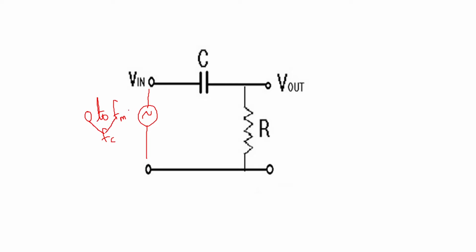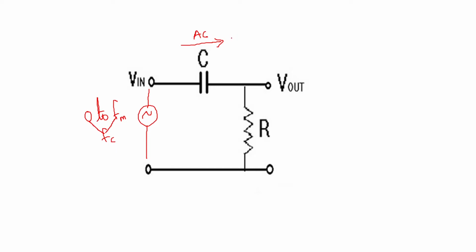That is the case. Now that happens because you're connecting C in series. C in series means C will allow AC, it will allow higher frequency, and it will block DC.